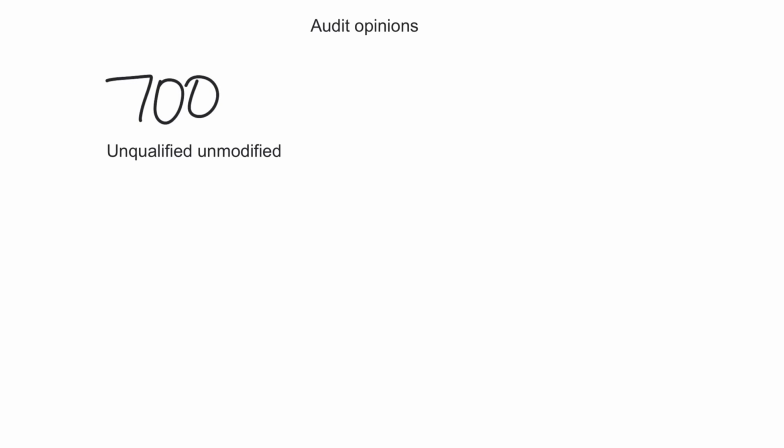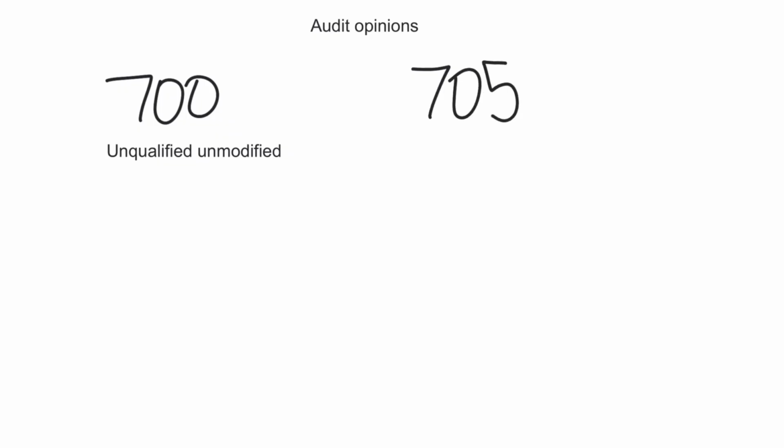Now, there actually is no difference. If you said unqualified, I would take that to mean the same thing as an unmodified opinion. Let's look at the opposite. Modified opinions are opinions that we see in ASA 705.